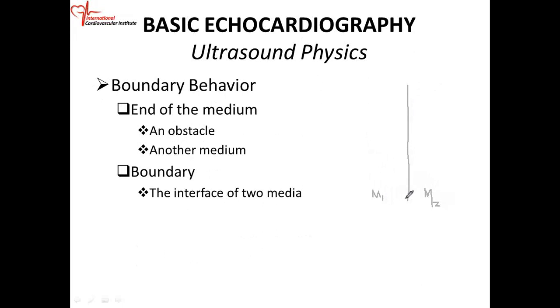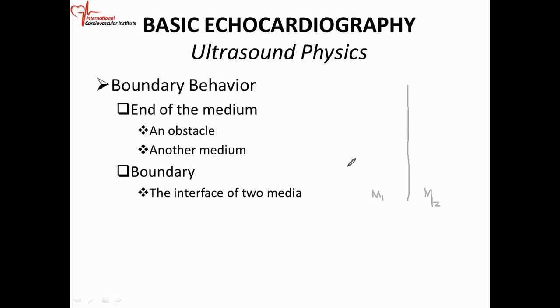So where the two media meet, that's what we call the boundary. I mean, if you put oil in water, you can see the boundary clearly because those two don't mix. So that's what we're talking about.